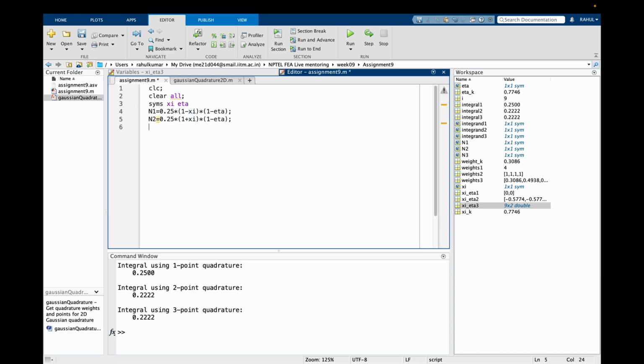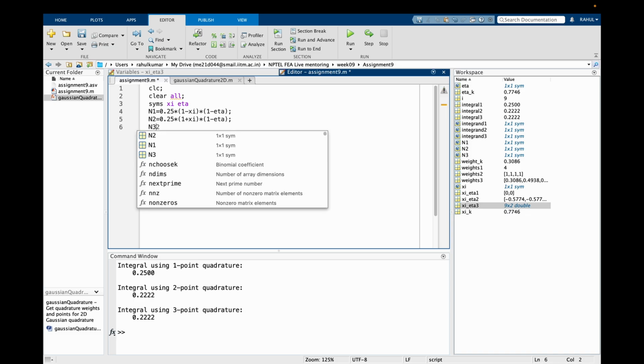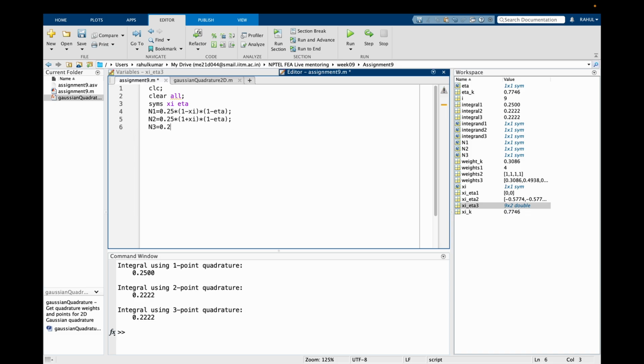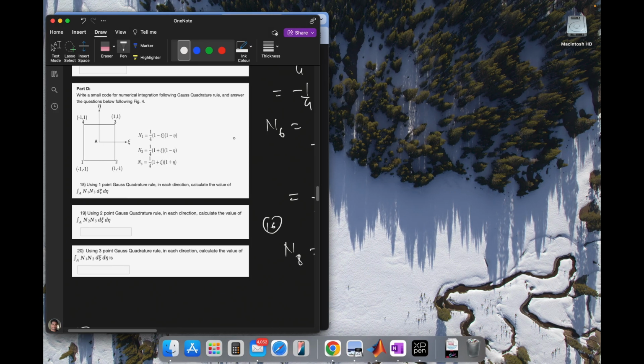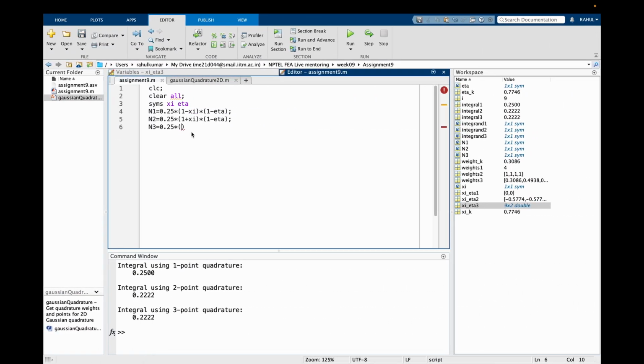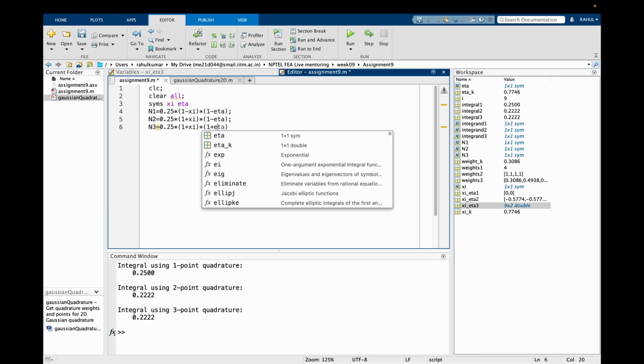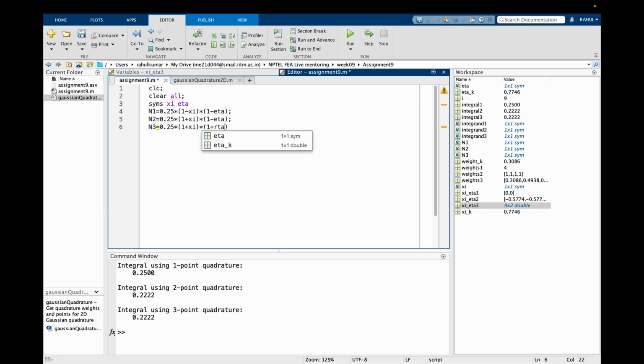So this was n2, and n3 is 0.25 into 1 plus xi into 1 plus eta.